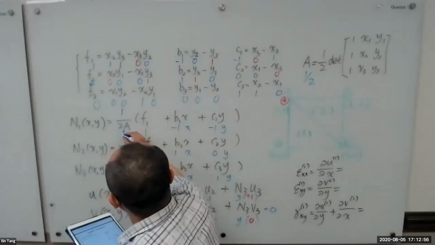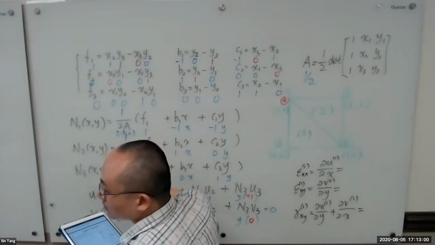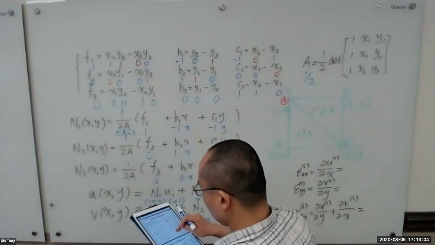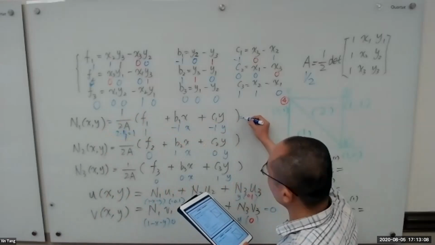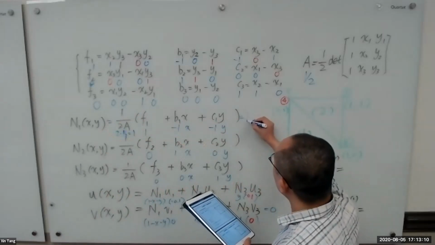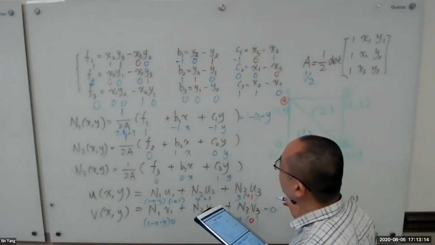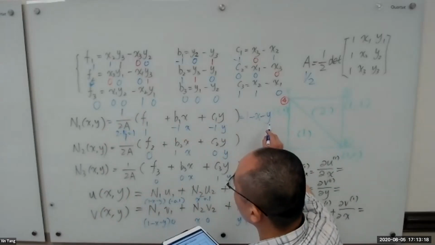This term is 2 times 1/2 equals 1, so this is cancelled out. So N1 eventually equals 1 minus x minus y. So that's good. You can check that it's a linear equation.